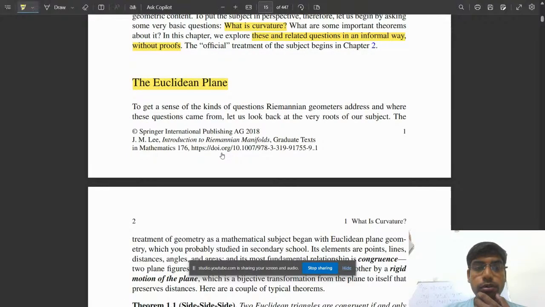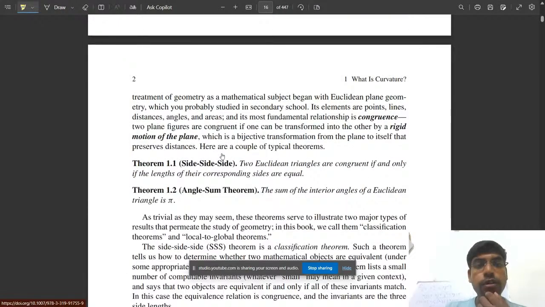To get a sense of the kind of questions Riemannian geometers address and where these questions came from, let's look back at the very roots of our subject. The treatment of geometry as a mathematical subject began with Euclidean plane geometry, which you probably studied in secondary school, right?